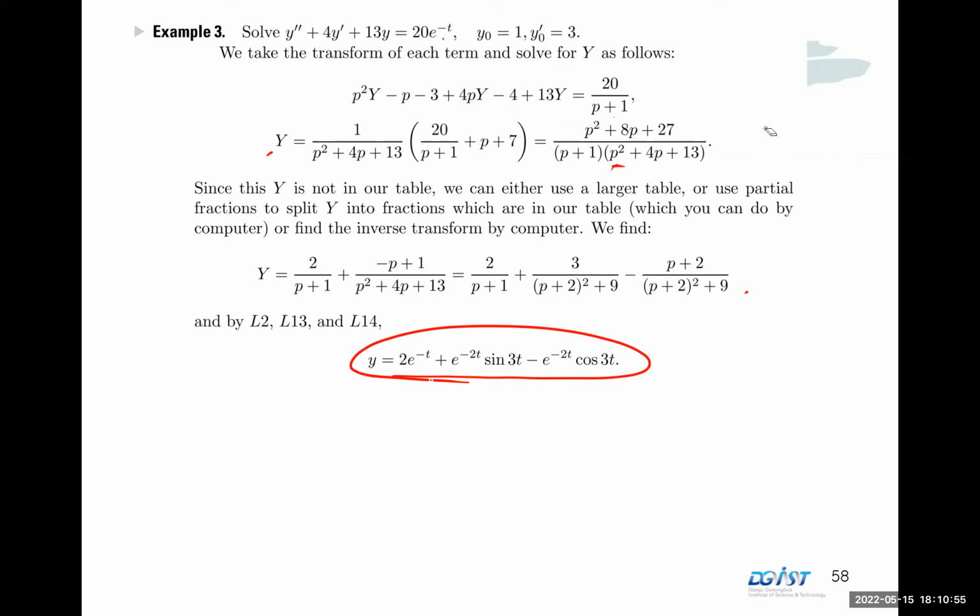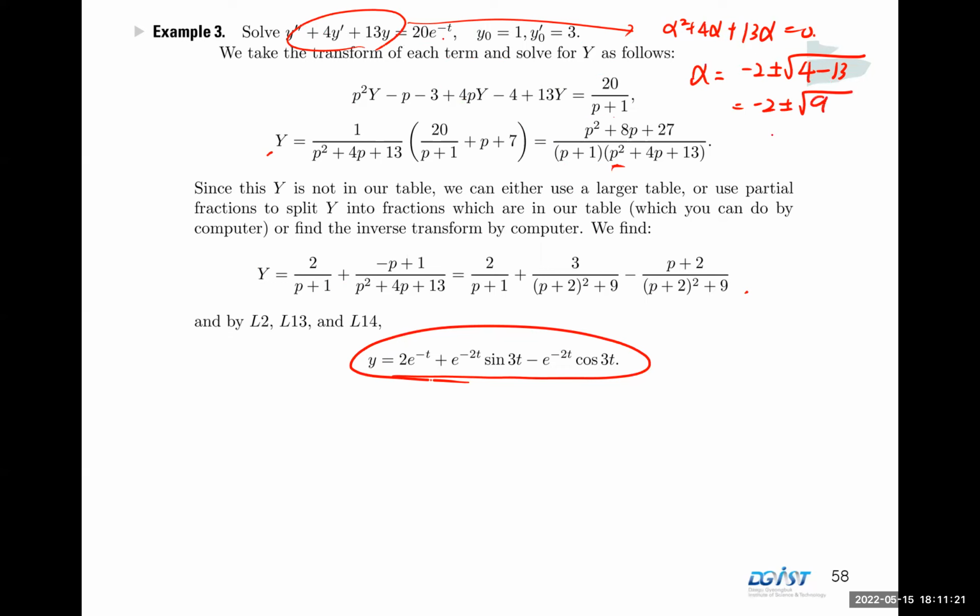And you can easily check this one. The complementary solution of this one is, in this case, the root alpha must be minus 2 plus minus 4. Sine.